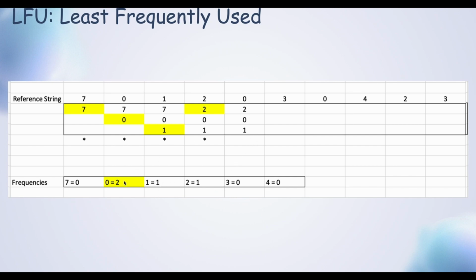The reason why we have to increase the frequency of 0 to 2 is that we knew 0 is already in the cache because we did a find function, like a get function. And because of that, we actually used 0 one time, so we had to increase the frequency of it.